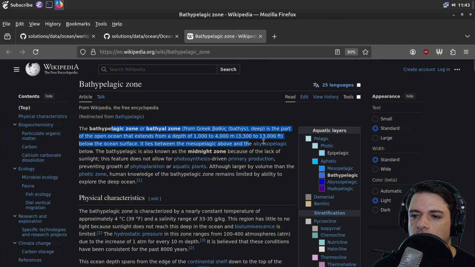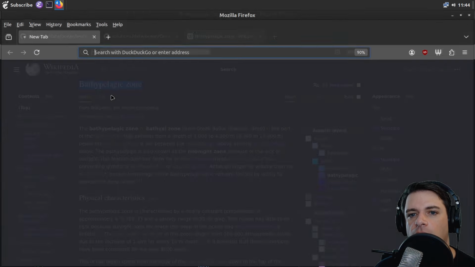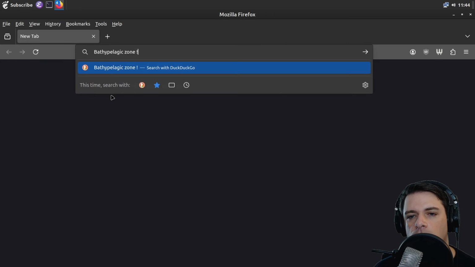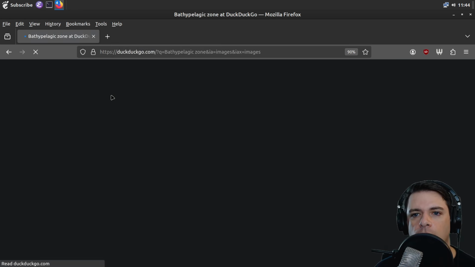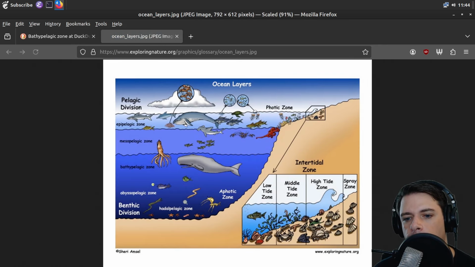Okay, so these are parts of the ocean. And where are the anglerfish? The benthic division. So here's the anglerfish. They're in the bathypelagic zone, I guess.